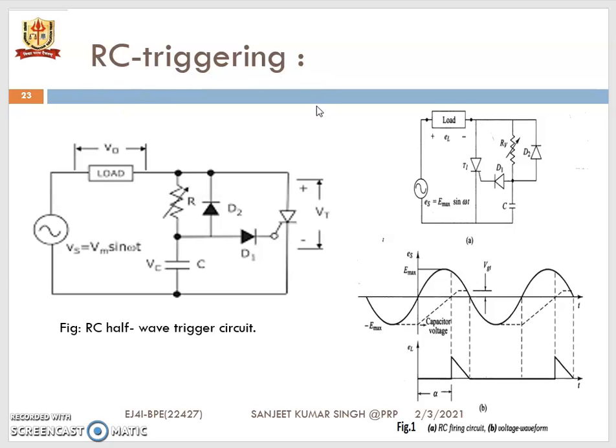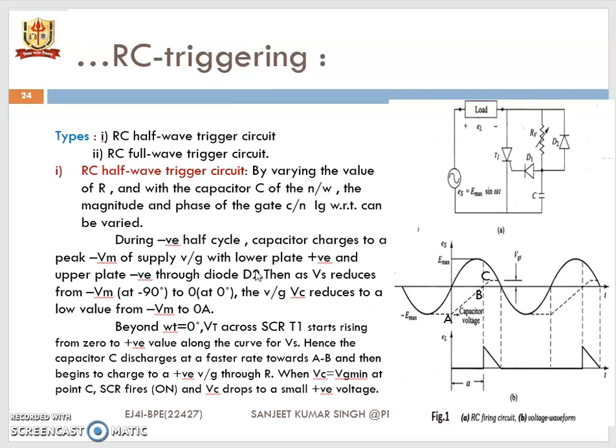In order to obtain firing angle greater than 90 degree, that is 0 to 180 degree, we need an RC trigger circuit. This circuit can be either a half wave trigger circuit or a full wave trigger circuit. So here we have the half wave trigger circuit first.